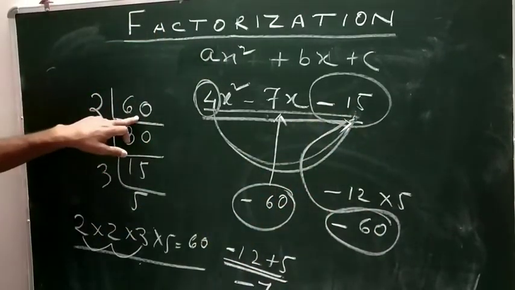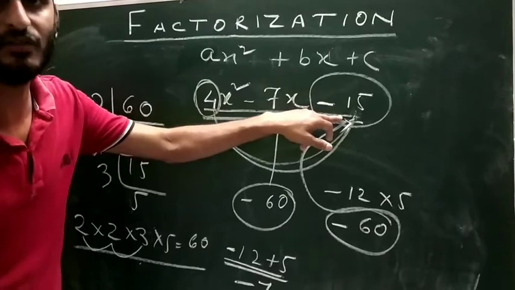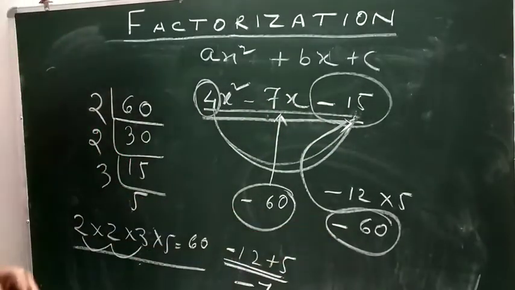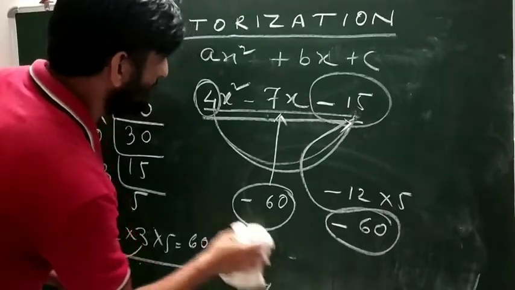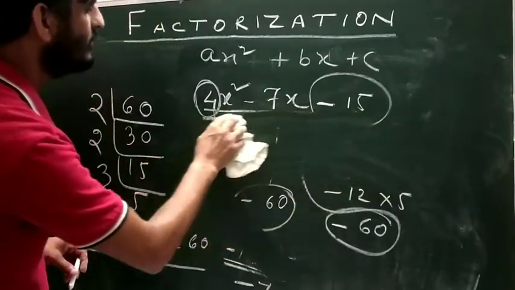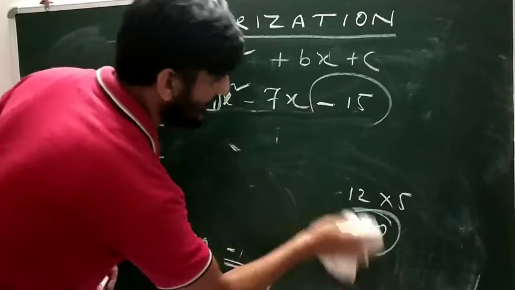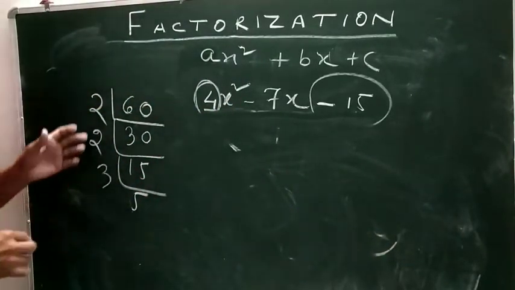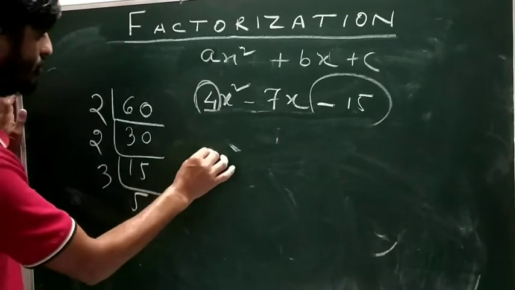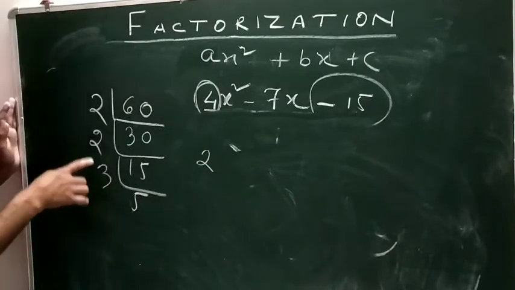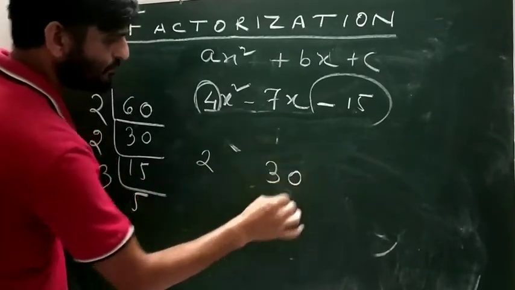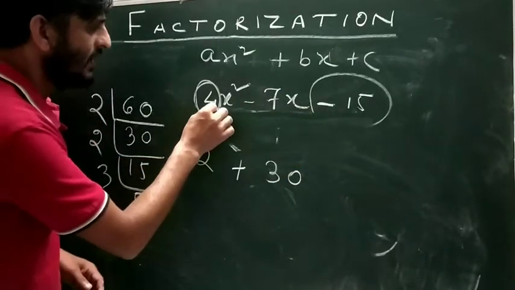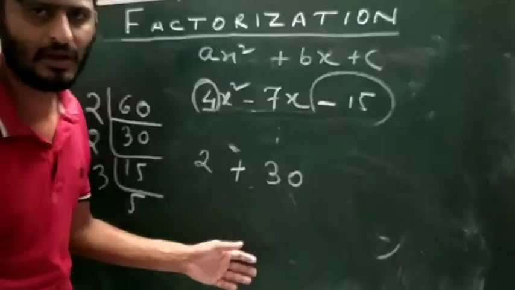We got 60 here, and 4 multiplied by minus 15 means 60, so the result is minus 60. So we are getting the same number. Suppose you are not doing this 12 and 5, and you take some other numbers like 2 and 30, because 2 times 30 is 60. 2 plus 30 is 32, which is not 7, so it will not be our answer.